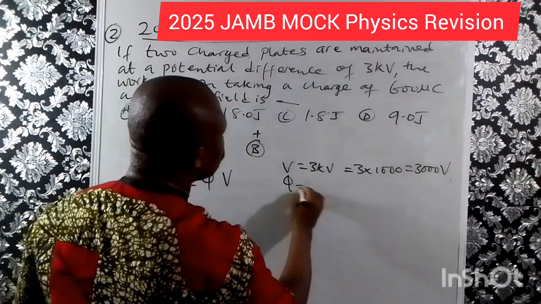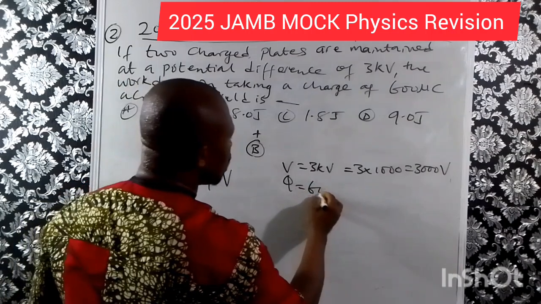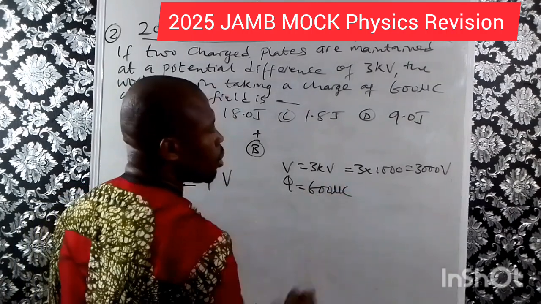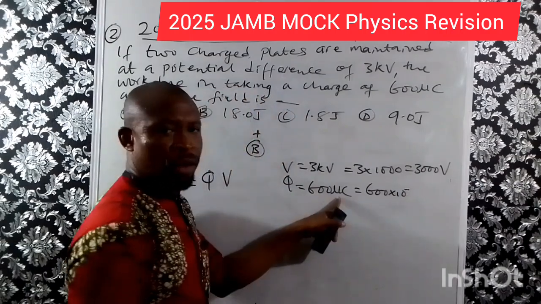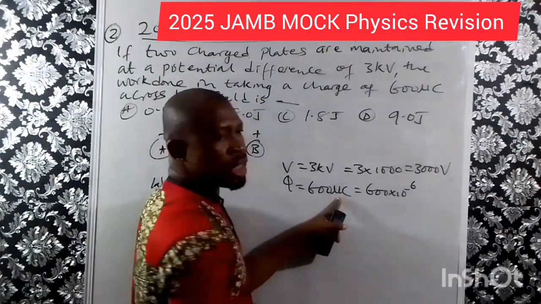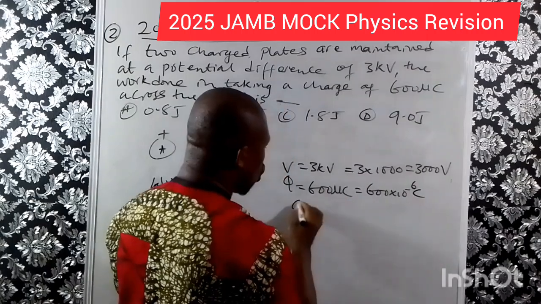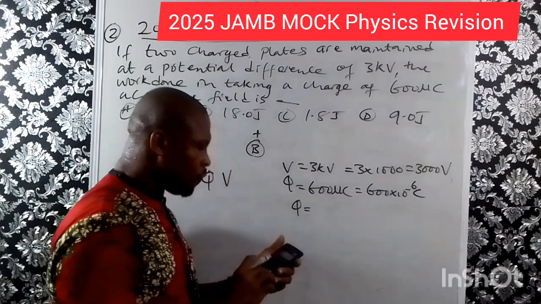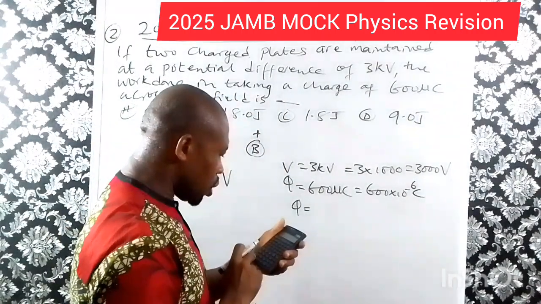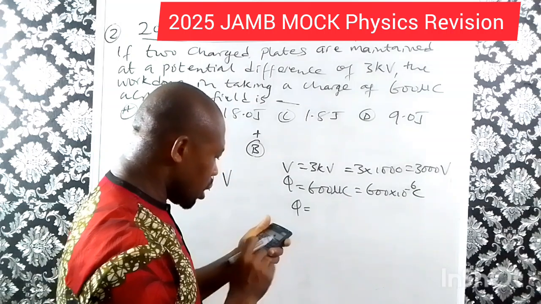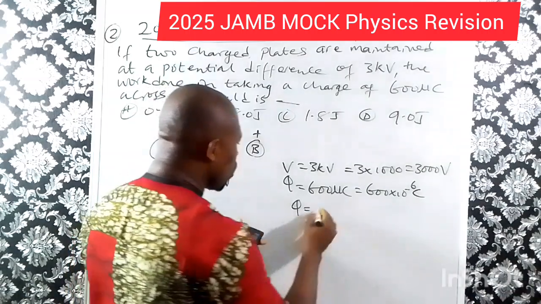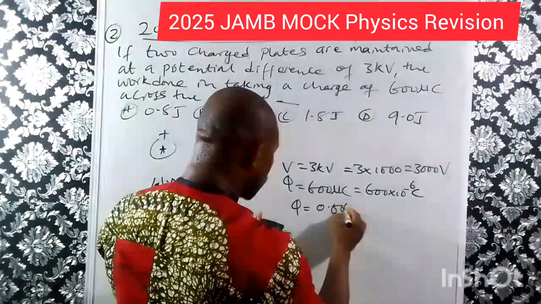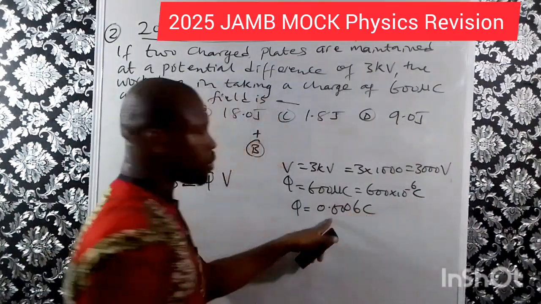Now, Q, charge, is 600 microcoulomb, which will give us 600 times 10 raised to power minus 6 coulomb. Therefore, Q, if you multiply out, will give us 0.0006 coulomb.